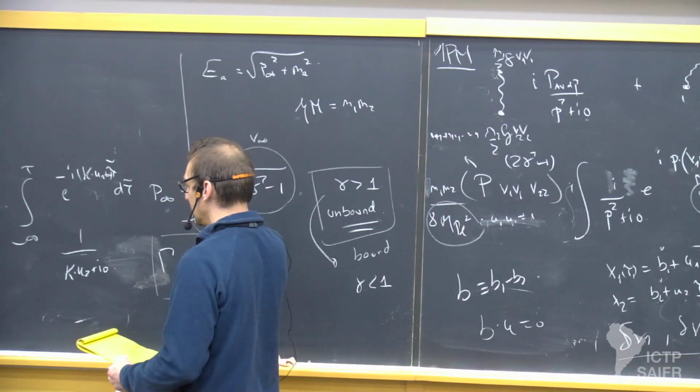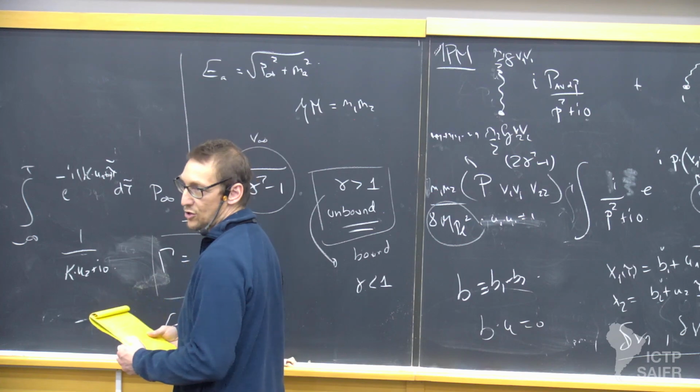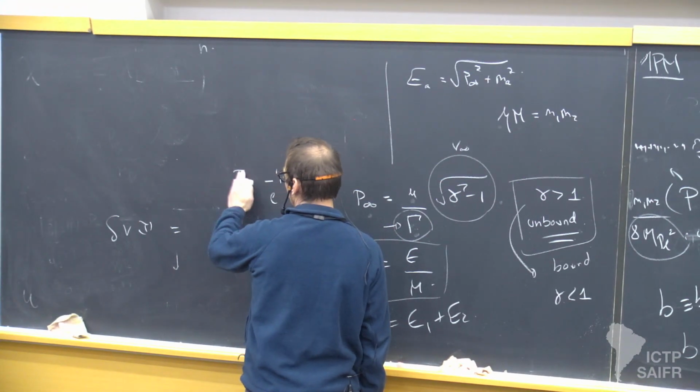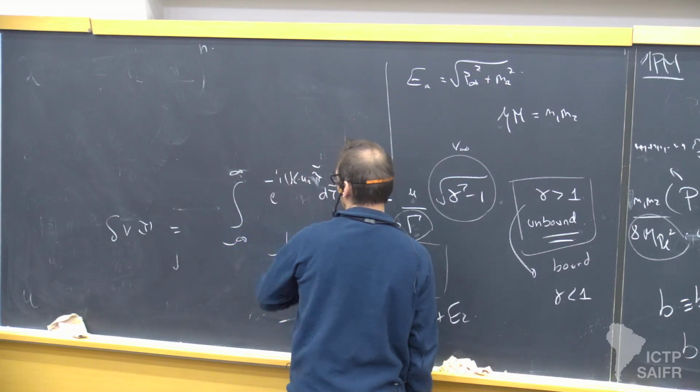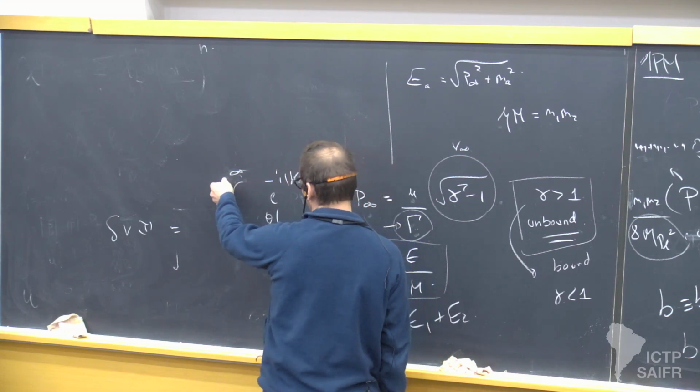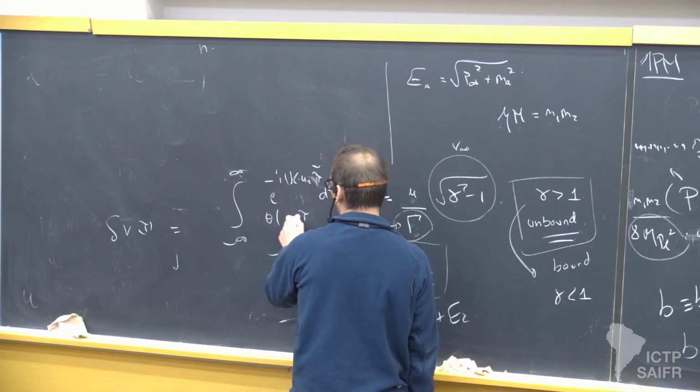Another way to see this is to put a step function. If you put a step function, and then you do the integral to infinity, if you don't want to do the i0, then you do the integral up to t, so I have to integrate in tau up to t.